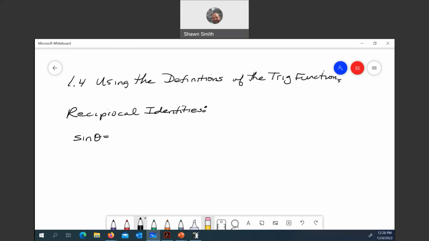Sine of theta was related to its reciprocal, cosecant, right? They were reciprocals of each other. So all I have to do is say the reciprocal of sine is 1 over cosecant, just like I could say cosecant is the reciprocal of sine, 1 over sine.